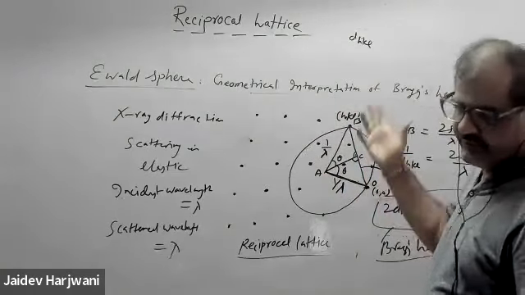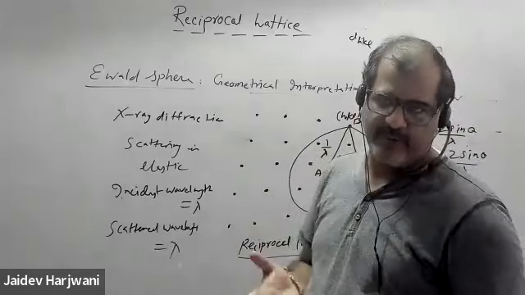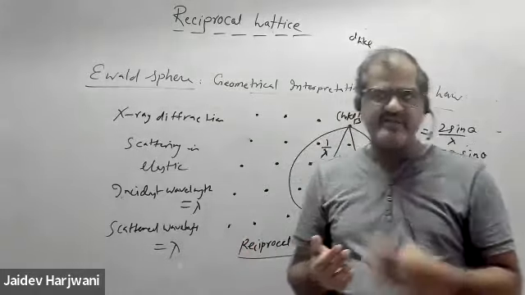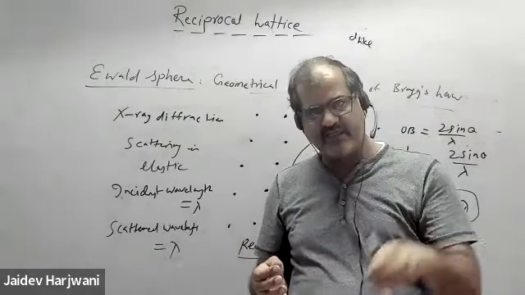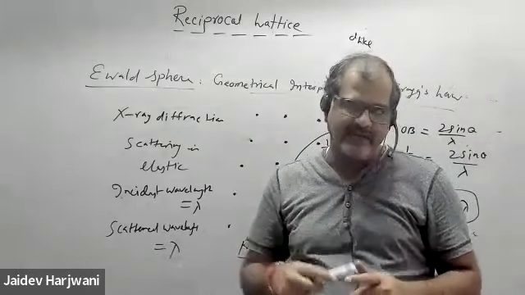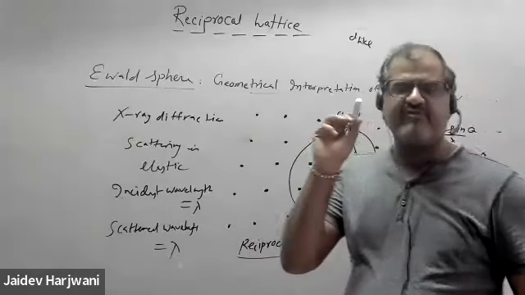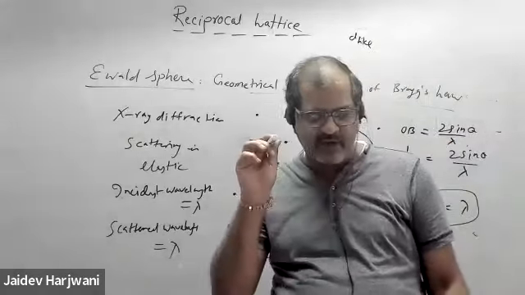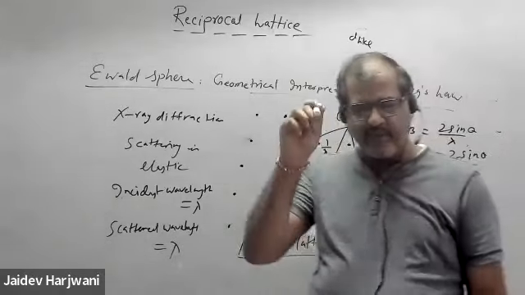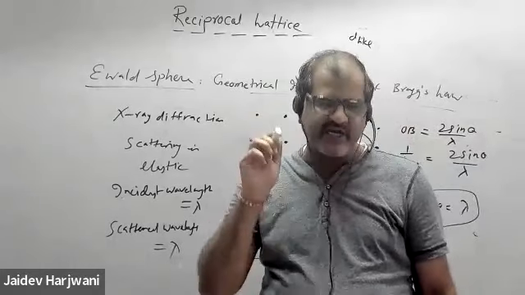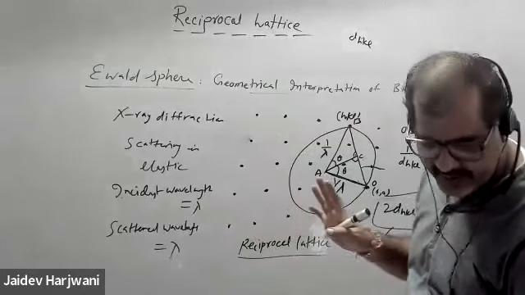The Ewald sphere is basically a geometrical representation of Bragg's law. So wherever my Ewald sphere is touching any lattice point, which represents a family of planes HKL, since any point in reciprocal lattice represents a plane, for that particular plane your diffraction condition will be satisfied. I hope I'm clear.